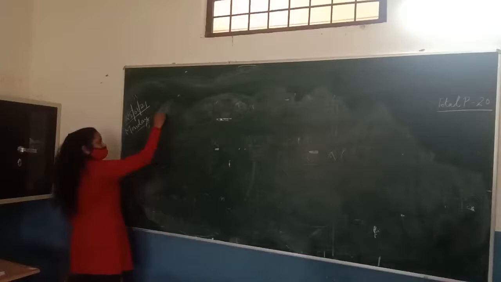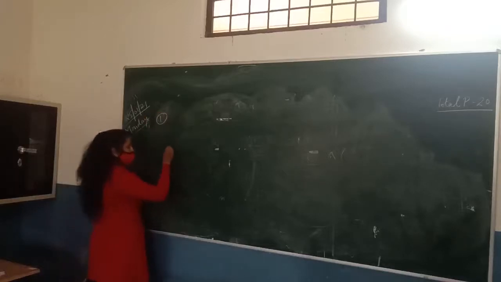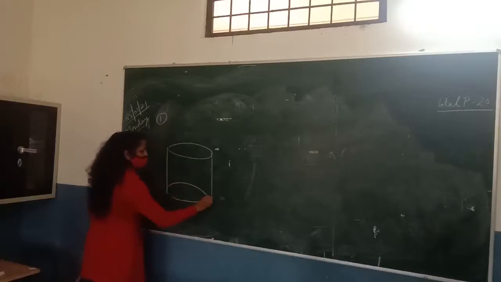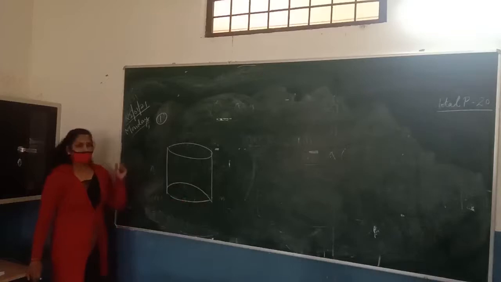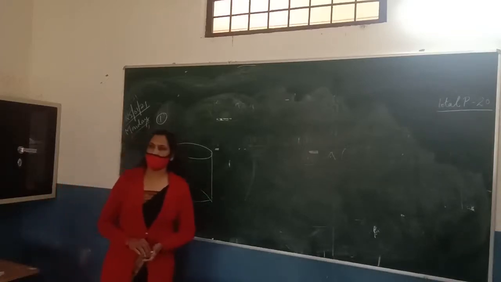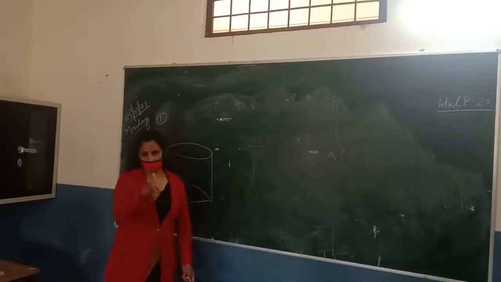And the question number 1. A copper wire 3 mm in diameter is wound about a cylinder whose length is 12 cm. So the copper wire, what is the shape of the wire? Cylindrical.